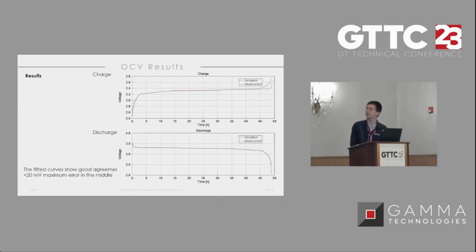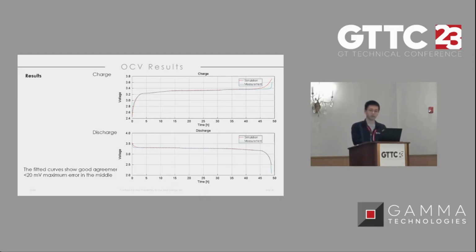And you can see on the right, the simulation has a pretty good match with the experiment. In particular, what I like is the features in the simulation. What I mean by features is the transition of the plateau. So the SOC corresponding to this transition matches the experiment as well.